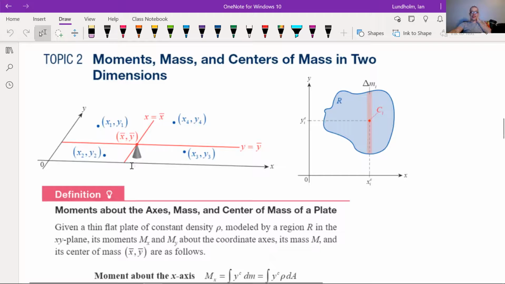We're going to need to calculate two centers of mass, one in the x direction and one in the y direction, in order to get the exact center point. And this C is not necessarily just for C because of center.